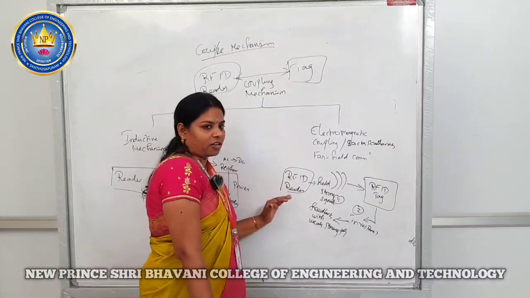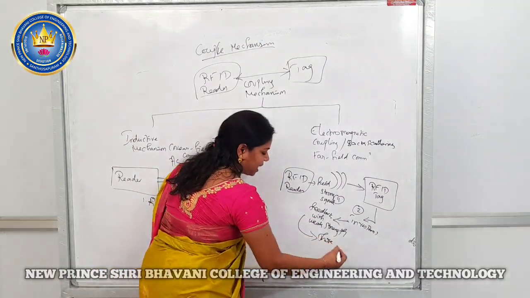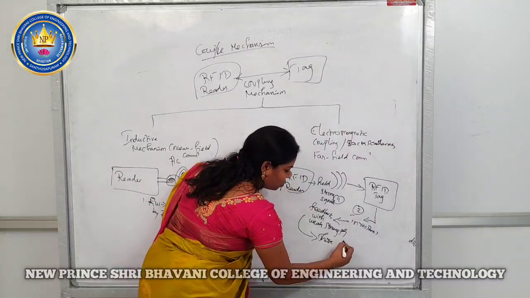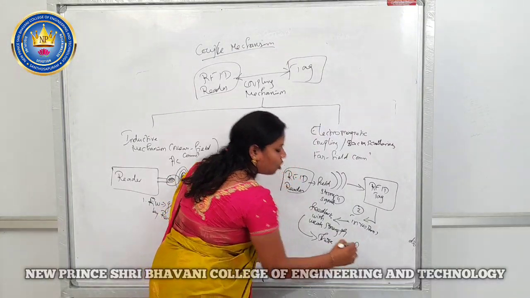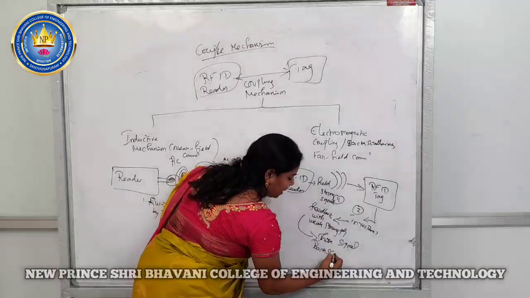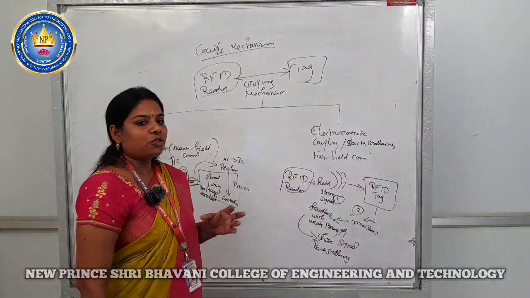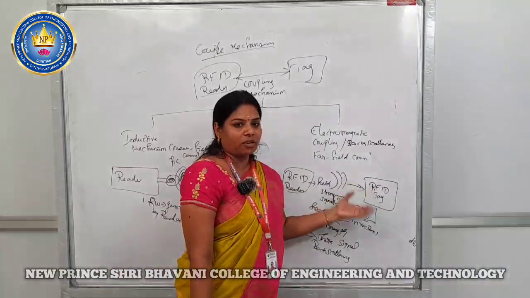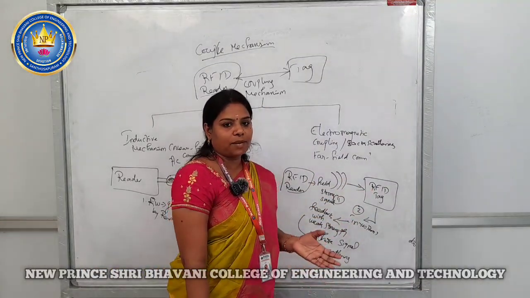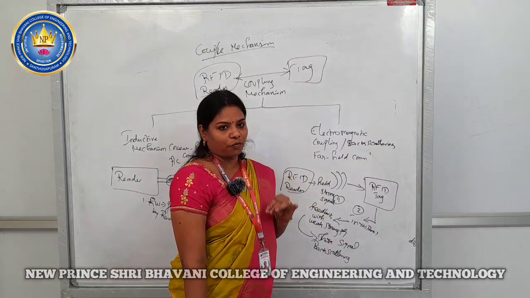Further, the RFID reader receives those signals. This type of mechanism, where the signal is transmitted back, is called the backscattering mechanism. By means of this backscattering, some amount of voltage will be generated in the RFID tag, which acts as a power supply to the microcontroller and memory present inside the RFID tag.